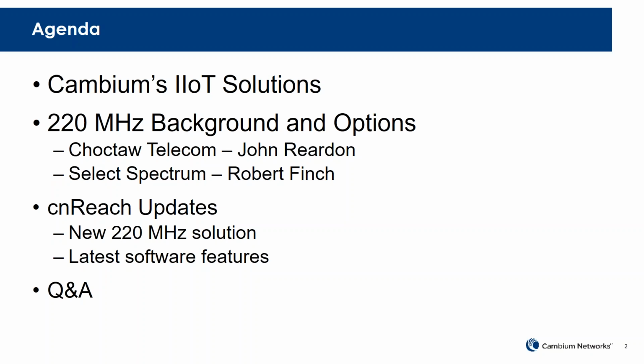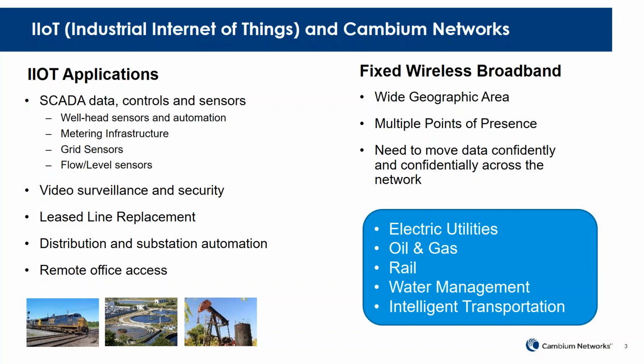Okay, without further intro, I'm going to jump into it. For those of you that are not familiar with Cambium Networks, I like to use this as a little bit of background. Cambium has been a player in industrial communications for quite some time, delivering solutions in the areas you see there on the left, including SCADA process control and monitoring, video surveillance, replacing leased lines with private networks.